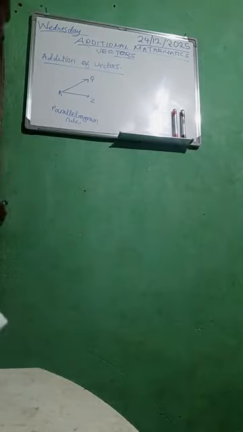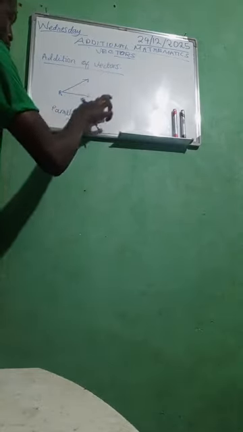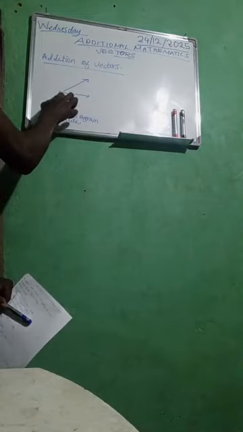That's what it's called, the parallelogram rule. So what do we do in this rule? We can remove the letters like this, and then what we'll do is extend this part here.